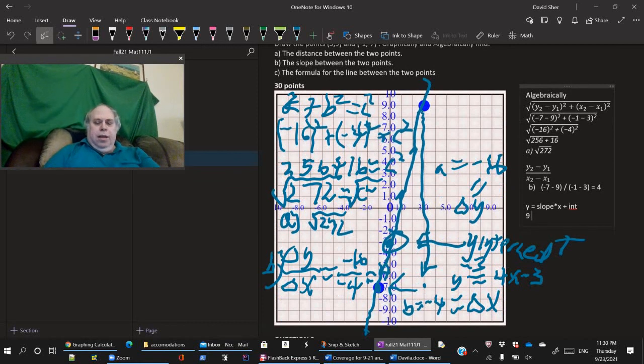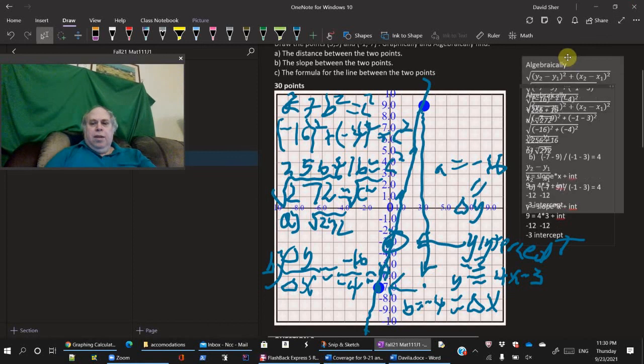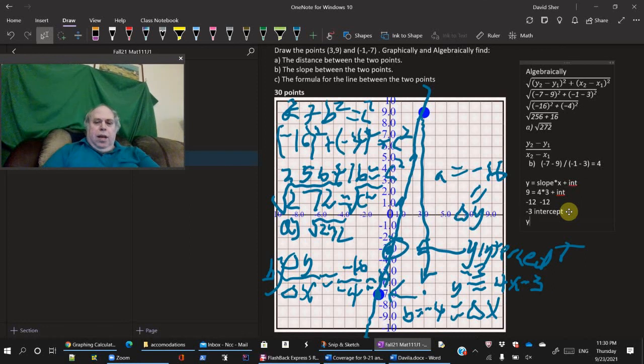I'll get 9 is our first y value, equals slope 4 times 3 plus intercept. 4 times 3, everyone knows is 12, so I'll subtract 12 from both sides. And that gives me -3 is the intercept. So my formula now is y equals 4x minus 3, the same answer. And that's what you should get, because it's the same problem. We're just solving it using two different techniques.